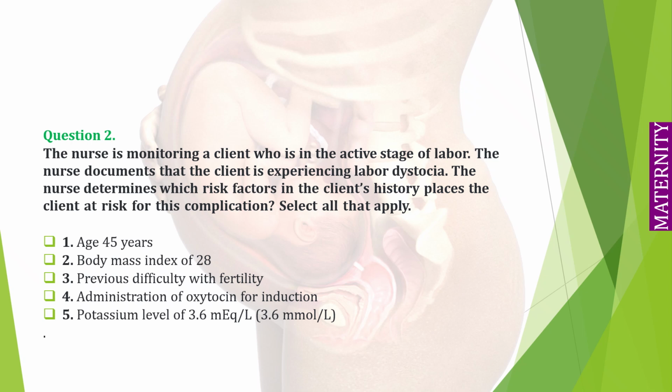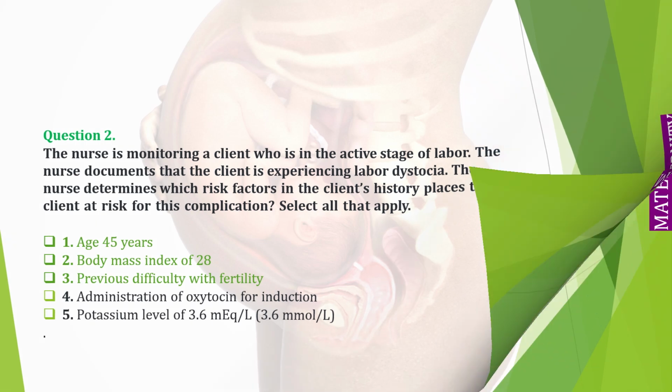Age 45 years. 2. Body mass index of 28. 3. Previous difficulty with fertility. 4. Administration of oxytocin for induction. 5. Potassium level of 3.6 milliequivalent/L, 3.6 millimoles per liter.